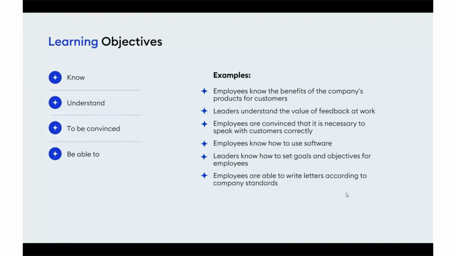And then we say what we can solve by setting the following training goals. Training goals or learning objectives can be: leaders understand the value of feedback at work. Employees are convinced that it is necessary to speak with customers correctly. Employees are able to write letters according to company standards, and many others.